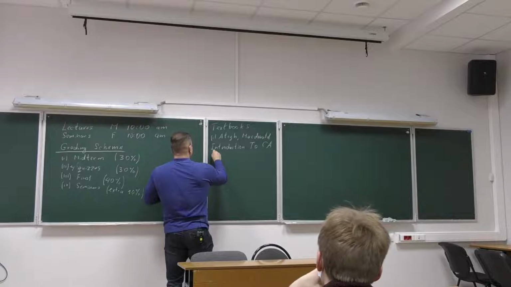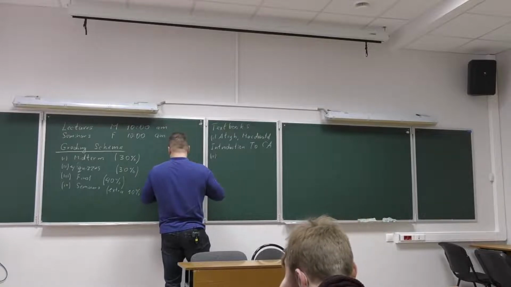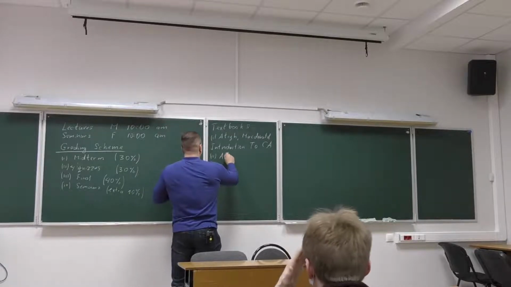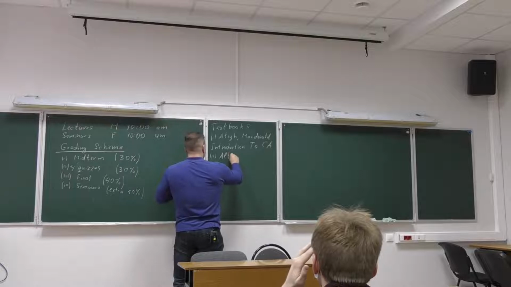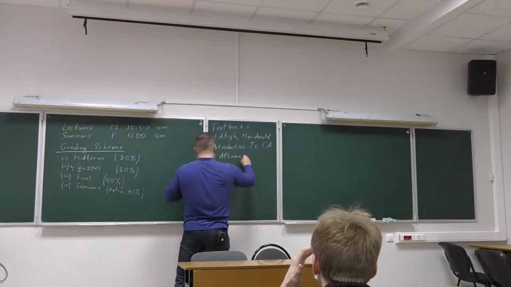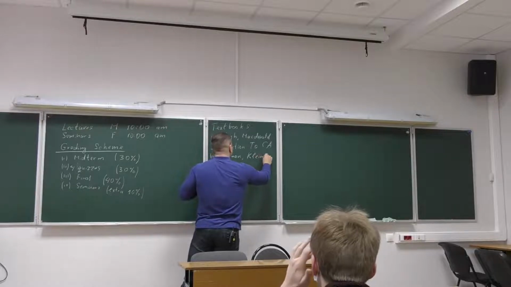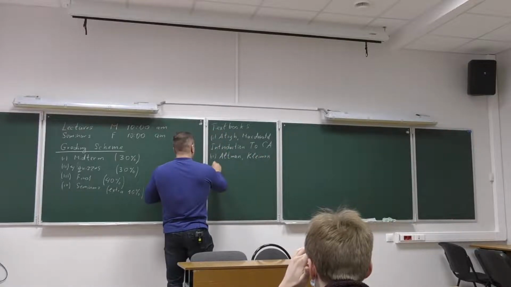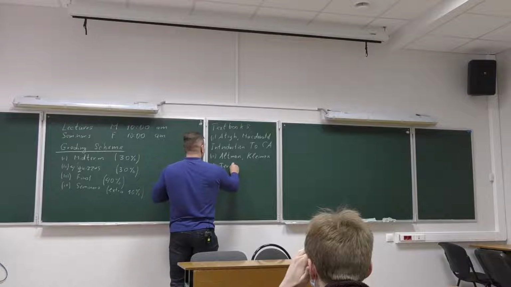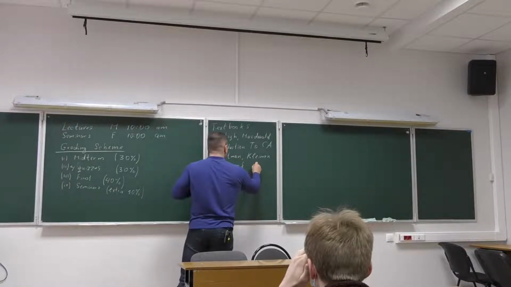So the second textbook is actually my favorite textbook on commutative algebra, at least of the introductory level. This is Altman and Kleiman, A Term of Commutative Algebra.